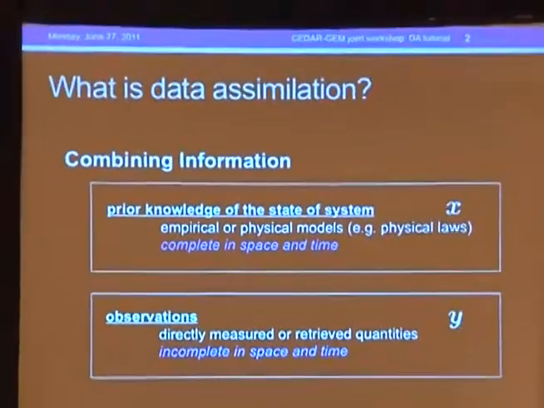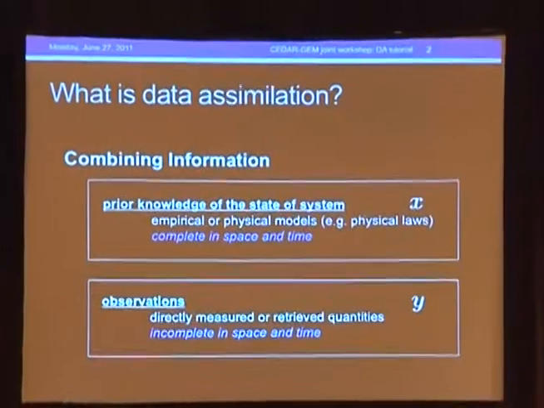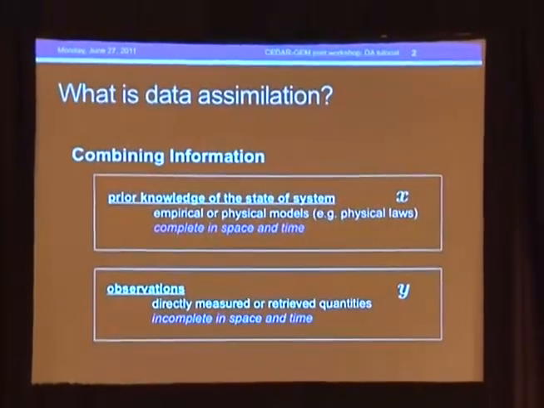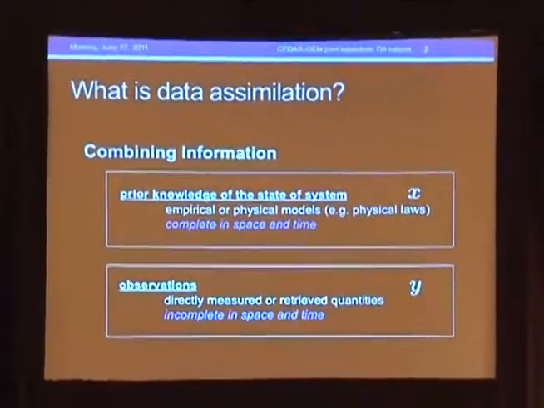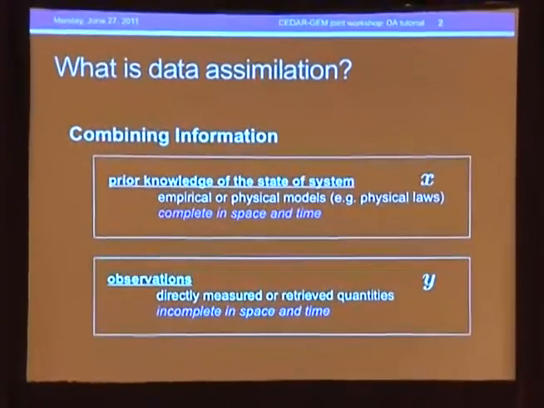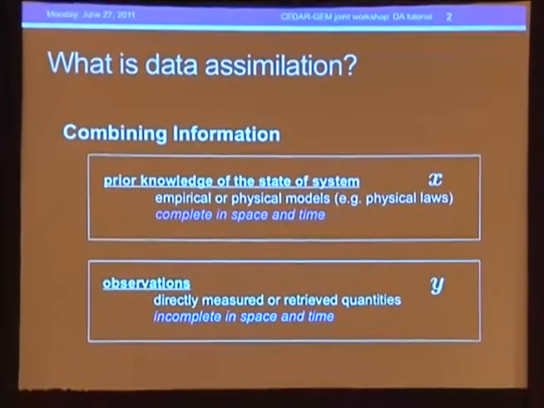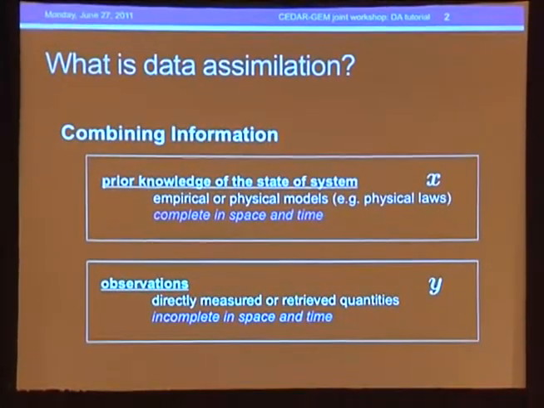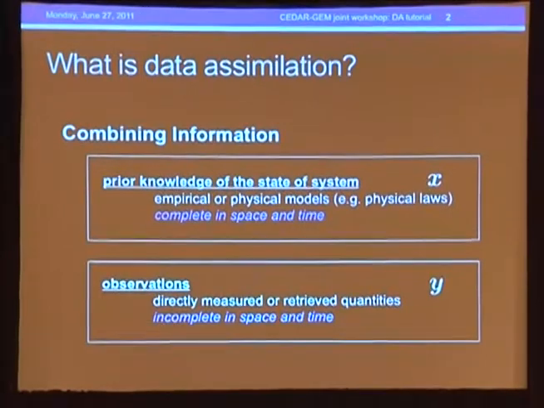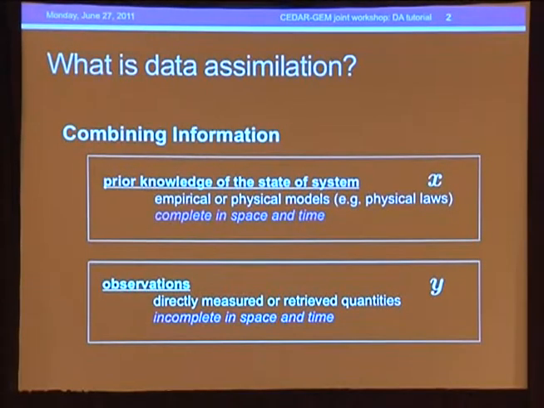Okay, so as everybody knows, data simulation is about combining sources of information, one coming from prior knowledge of the system that often comes from a model, like Rutger was saying, and could also come from empirical models. That's the case with AMIE, the assimilative mapping of ionospheric electrodynamics application. It comes from an empirical model. The good thing about this prior information is that it is complete in space and time.